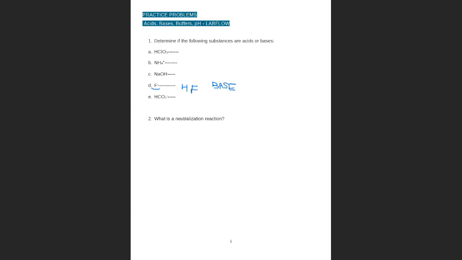Another way is, when you do the Lewis structure, you know fluoride is in group 7. I don't want to confuse you more. So it has 7 electrons, but because it has an extra electron, fluoride has a pair of electrons that can be donated.